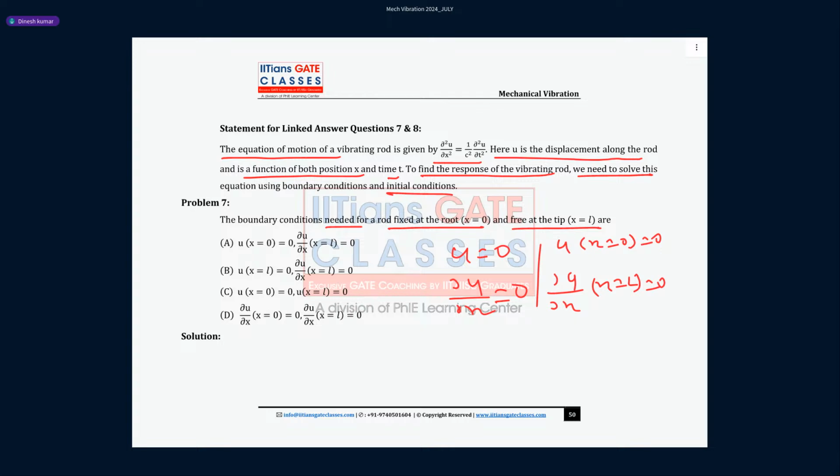So what is the answer, guys? Which is the correct one? So these are the boundary conditions. We know this is for the fixed end and this is for the free end. So what is the answer, guys? Everyone?